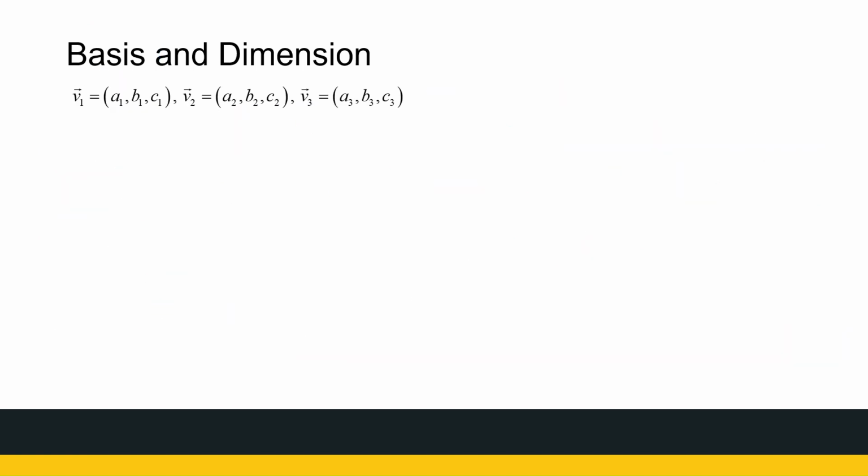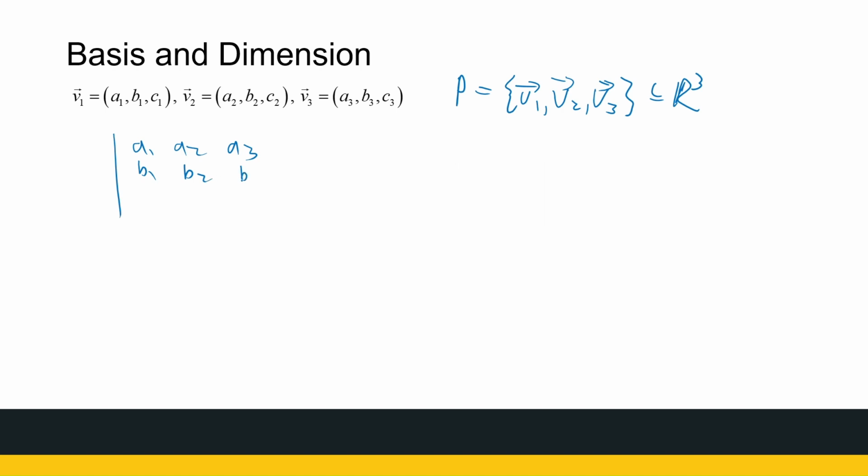Similarly with R3, if I've got a set P equal to V1, V2, and V3, that's a subset of R3. This set will be a basis for R3 if the vectors span R3 and they're linearly independent. Now I'm skipping a lot of steps, but you can go through the steps we did in the previous slide and see that what we're looking at is the determinant of the matrix A1, A2, A3, B1, B2, B3, C1, C2, C3.